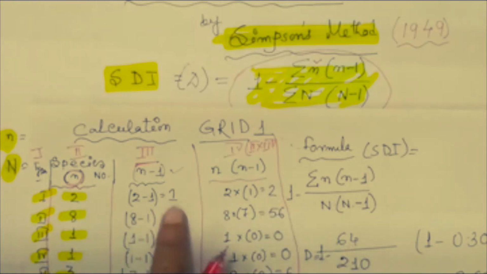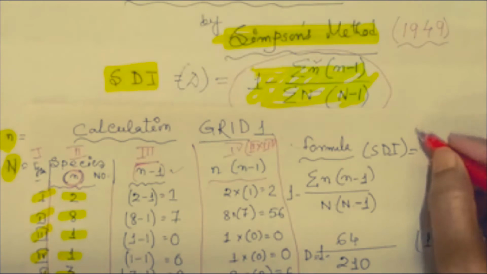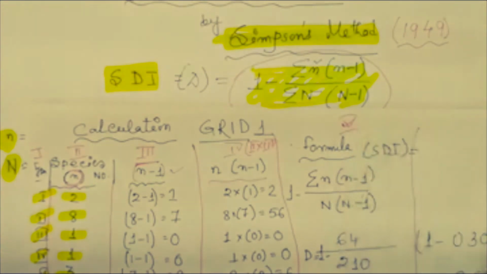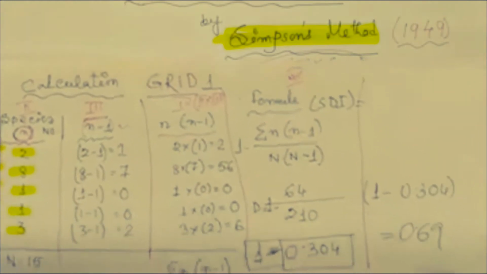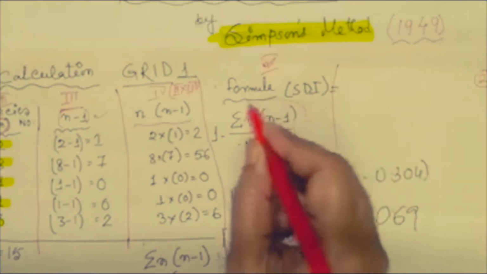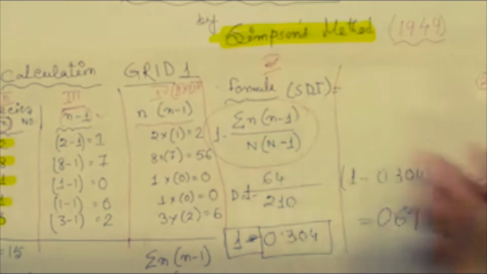So 2 into 1 is 2, 8 into 7 is 56, 1 into 0 is 0, and so on. Then straightforward, go to the fifth column, that is the formula for the calculation of the whole thing, which you have to identify.